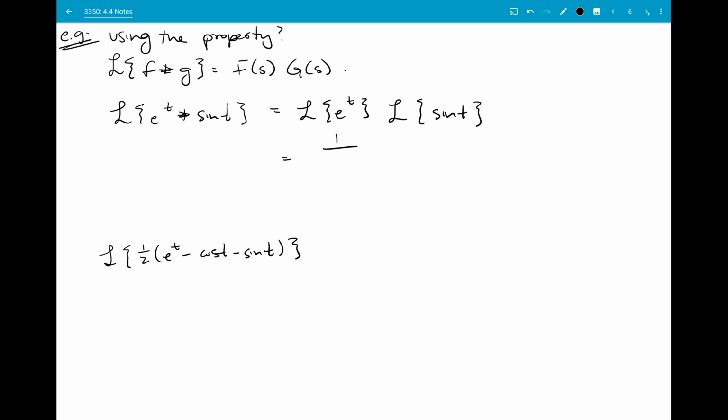And we could just use our table of Laplace transforms to know that L of e to the t is 1 over s minus 1, and L of sine t is s squared plus 1 in the denominator and 1 on top for our k. So L of 1/2 e to the t minus cosine t minus sine t would just be 1 over s minus 1 times s squared plus 1.